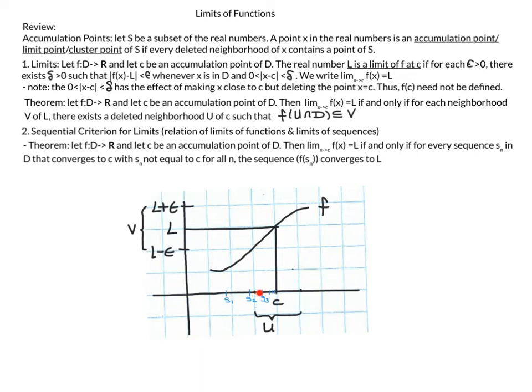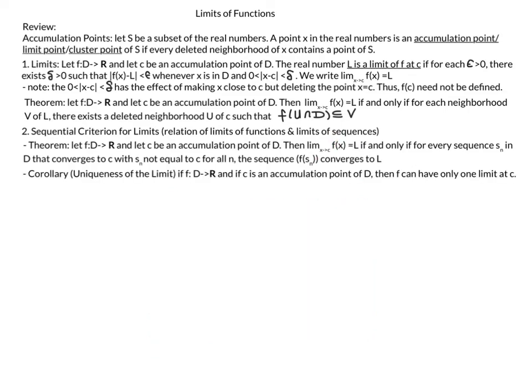As this sequence converges to c, we want the sequence f of Sn. So here's f of S1 in blue, f of S2, f of S3, getting closer and closer. f of Sn is getting closer to L. And that's what this is saying. So this sequence converging to c means f of the sequence converges to L, and then we can say the limit as x approaches c of f of x is equal to L.